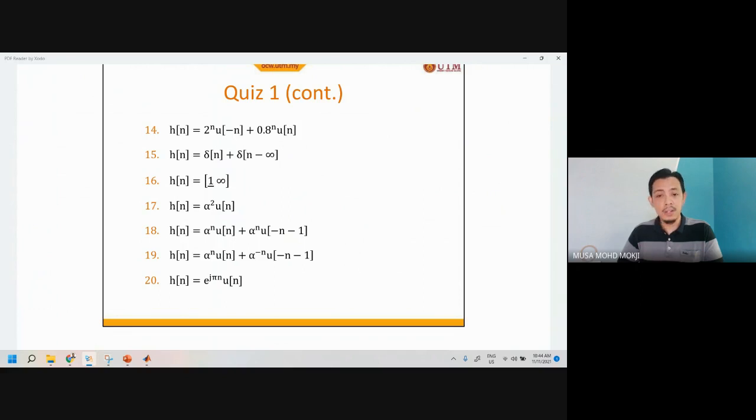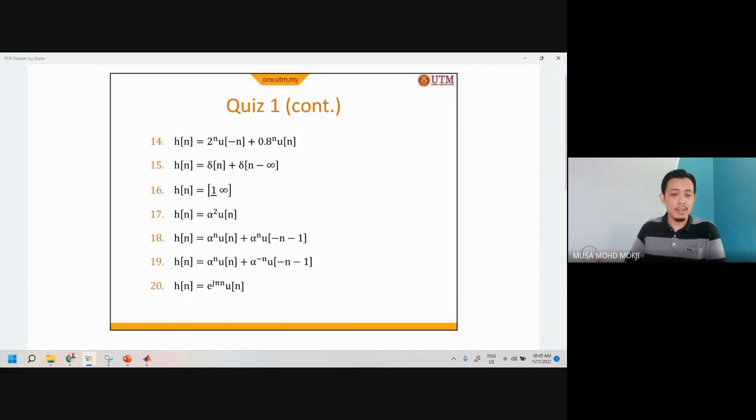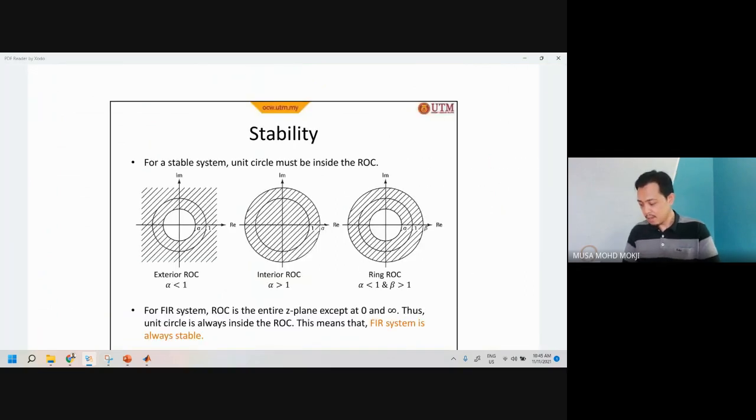And not only this one, if you go to e-learning, you can see a lot of past questions. There are a lot of past exam questions and even test questions. The test questions are not as many as the final exam, but there is a set of past year test questions. You need to do that.